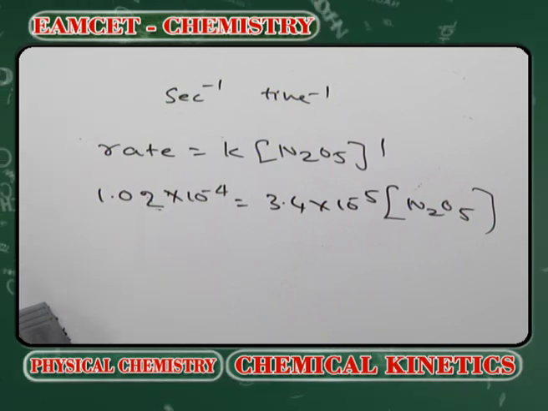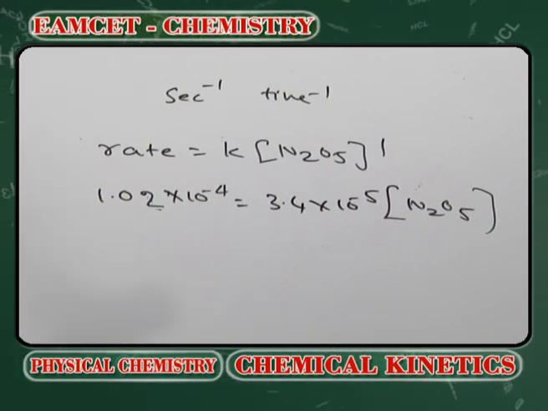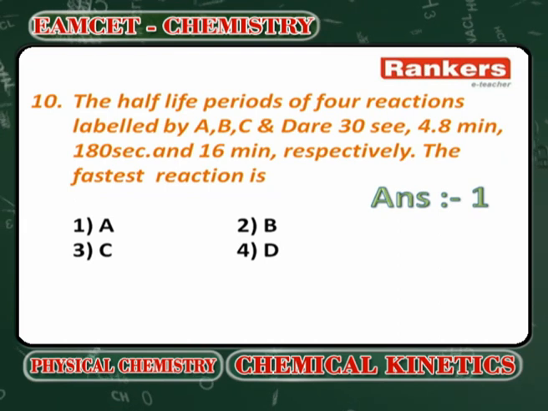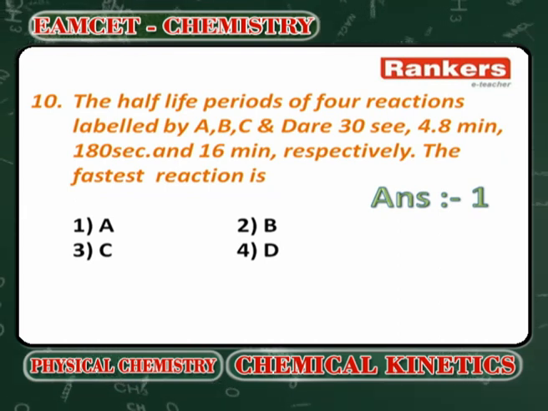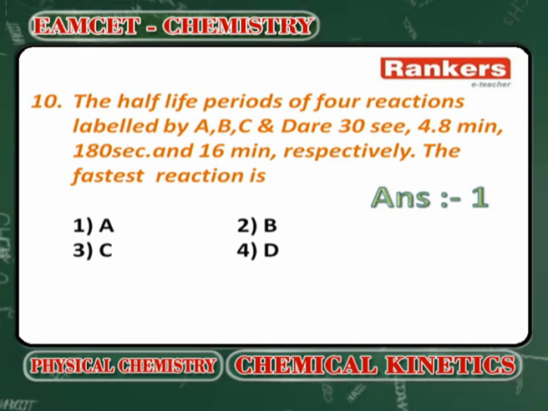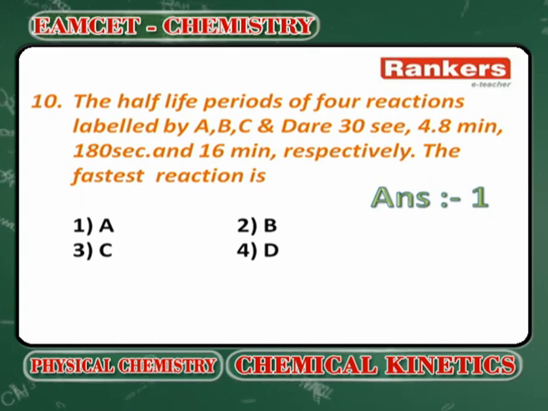Next. The half-life periods of 4 reactions labeled A, B, C, D are 30 seconds, 4.8, 180 seconds and 160 seconds. The fastest reaction is? The lesser the half-life period, the more is the velocity of the reaction.